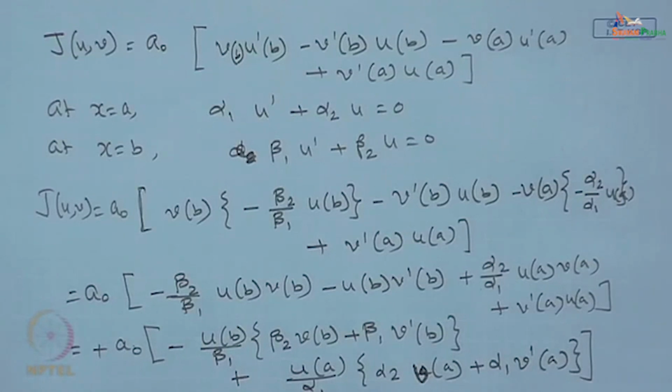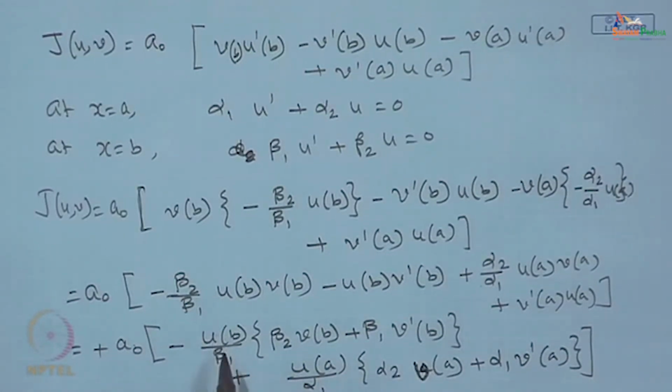Now, we do not have any idea about the value of u evaluated at a and u on the boundary x equal to b. So, in order to make this bilinear concomitant vanish, the terms in the brackets should each be put equal to 0 individually.